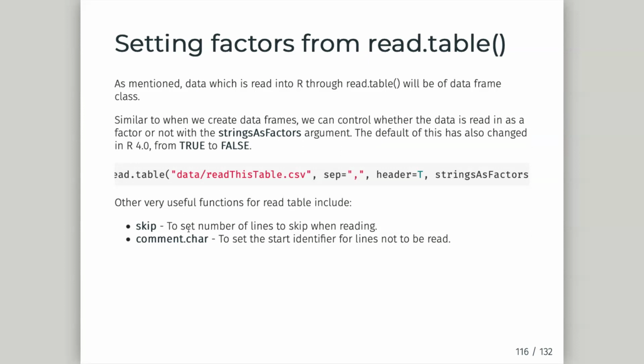You can say, well, I know every time this file is passed to me, the first 10 lines are information which is useful, perhaps they've written notes for you, but you don't want to read them in. Maybe they're not formatted as comma separated in any way. So we can say skip: I just want to skip the first 10 lines and it will skip them and start reading from that point. That's really useful. Another very useful argument is comment.char.